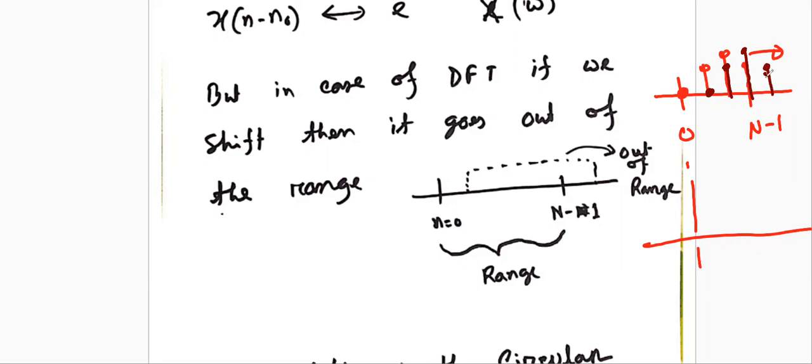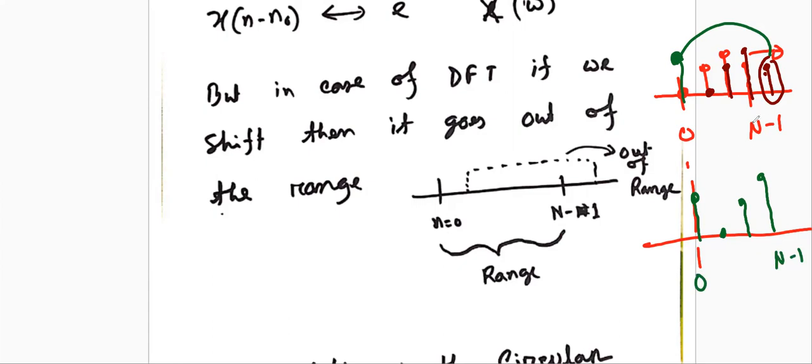So in that case, what can be done and what has actually been done here? This sample is taken to the initial stage. That means this sample is shifted to the first sample. So the output looks like this for the circular shifting. Then it will be restricted from 0 to N-1. This is the concept of the circular shifting.